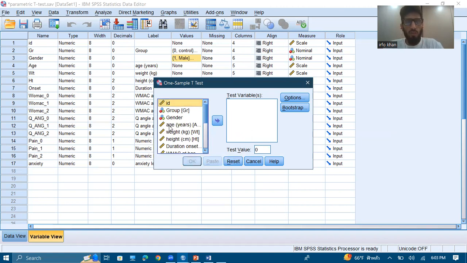We want to compare the mean age, so we select age. Our hypothesis is that the mean age is equal to 45. As I told you in the presentation, the null hypothesis is that the mean age is equal to 45, and the alternate hypothesis is that the mean age is not equal to 45. So let's assume this is the sample and 45 is the population mean.